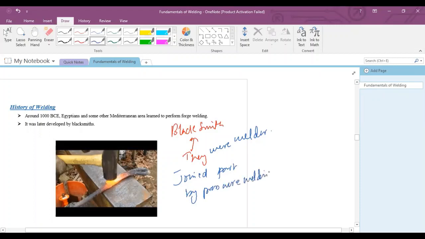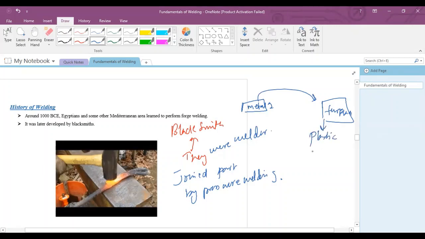What they did, they had one furnace, and they used to place part one in the furnace, and they heated this part till the plastic state.